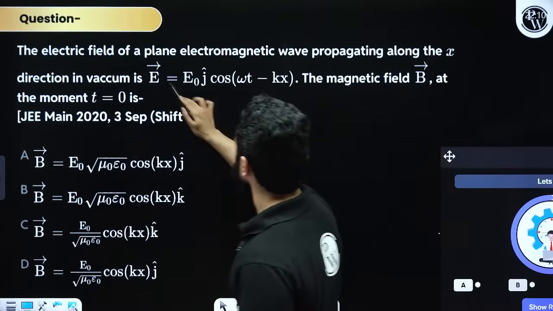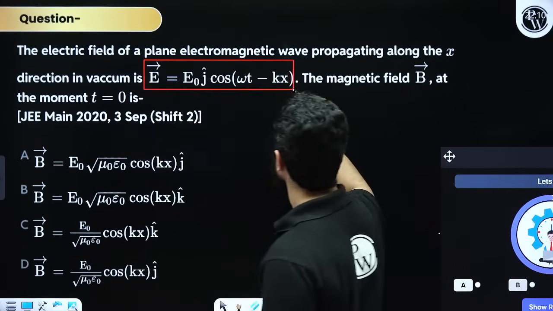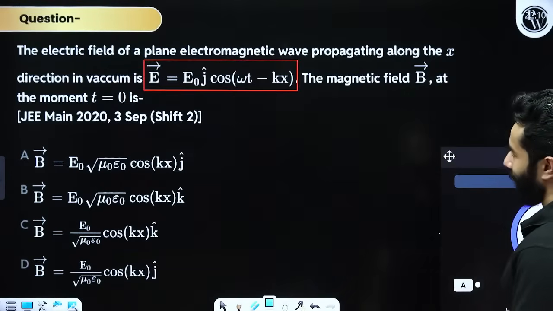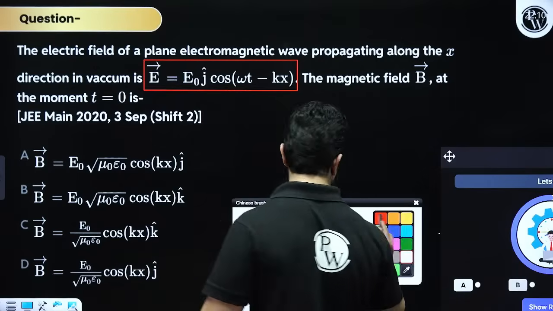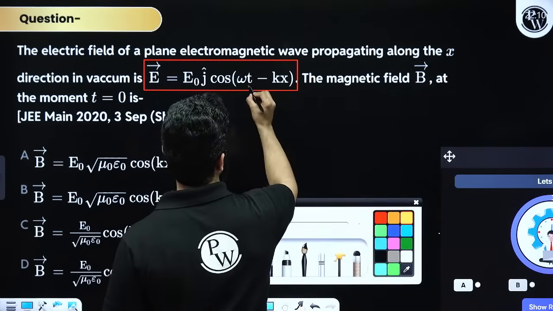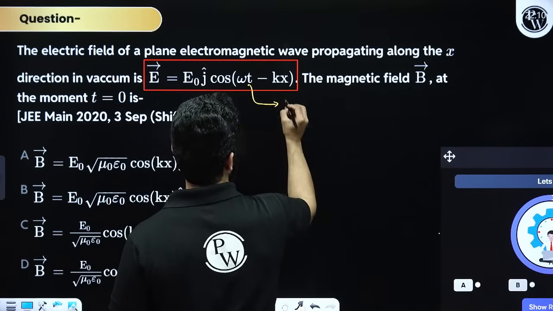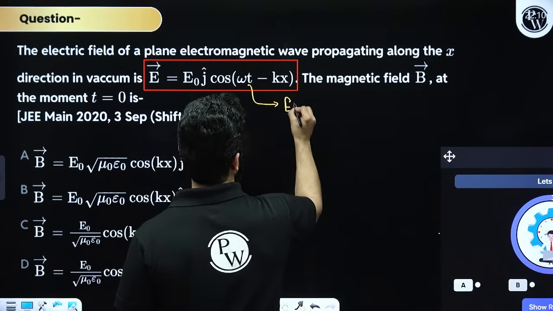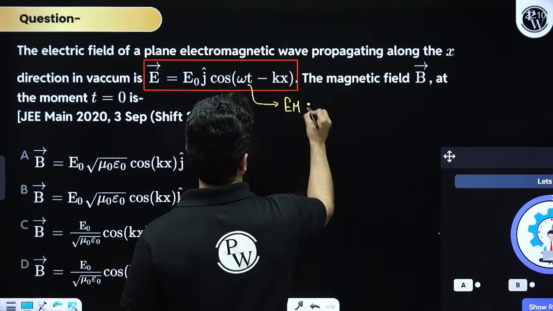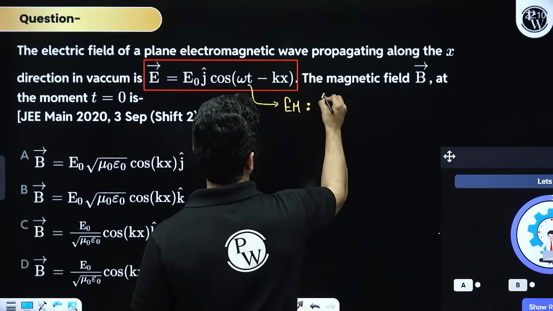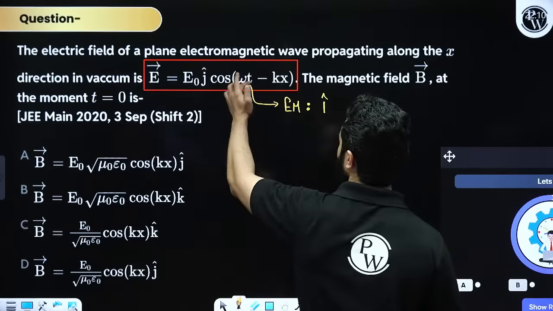Electric field is E naught j cap cos omega t minus k cap. Everyone should know that by looking at this, we can say that the electromagnetic wave will be along plus i cap, because this is traveling in the positive x axis.